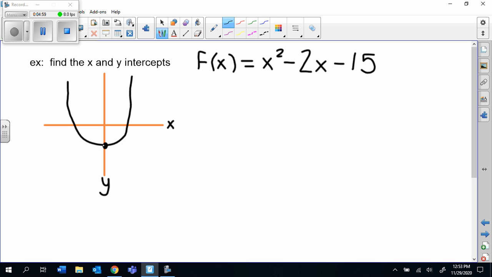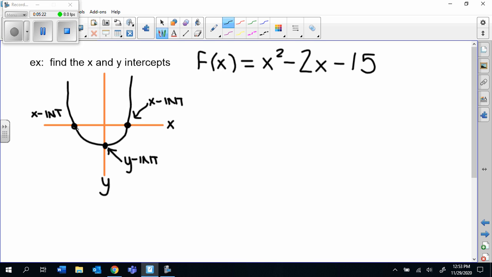Right there, that's the point where the parabola intersects the y-axis, so that's called your y-intercept. Here are the 2 points that the parabola intersects the x-axis, and so these are both known as the x-intercepts.